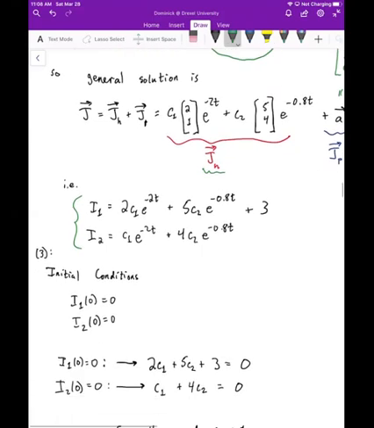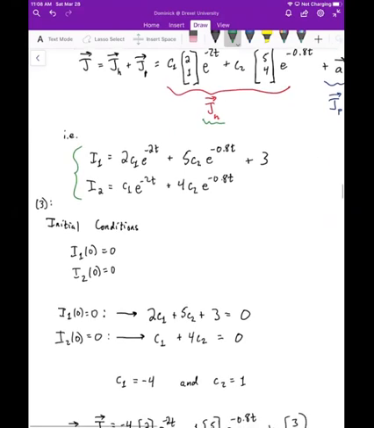All right. So now the final step in this is that we want to find our arbitrary constants based on the initial conditions. And this was coming from the fact that we assume that all charges are 0 at time 0. So this is going to make life a little easier.